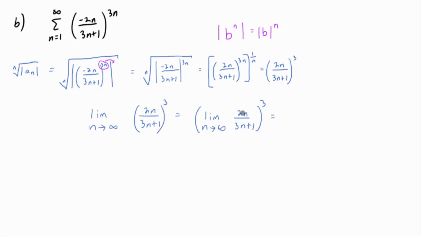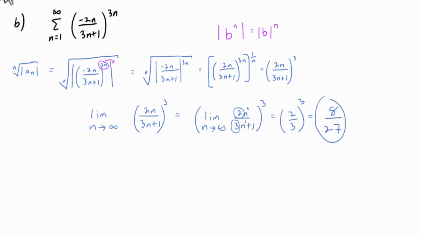Inside the parentheses, you have the same degree in both the numerator and the denominator. So inside the parentheses, what does that limit converge to? It's a rational function, degree of the numerator equals the degree of the denominator. So that limit as n goes to infinity of that rational function is just the ratio of those lead coefficients, right? Inside the parentheses, which is 2/3, but outside the parentheses you have cubed, so 8/27.